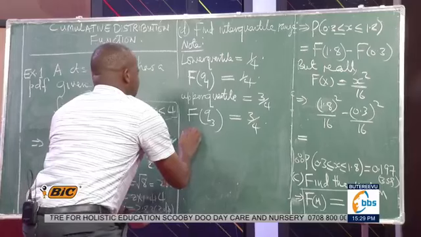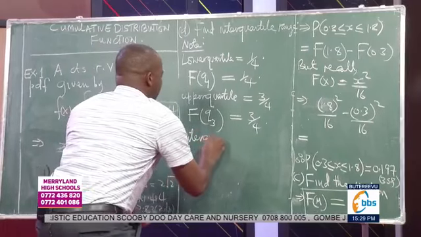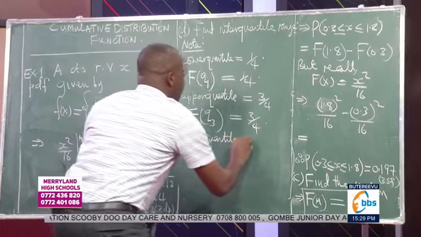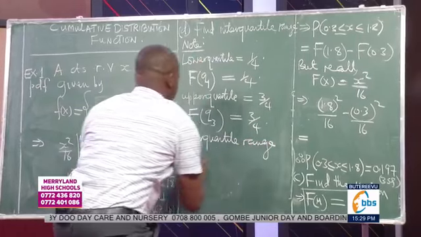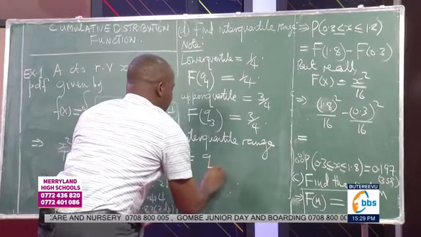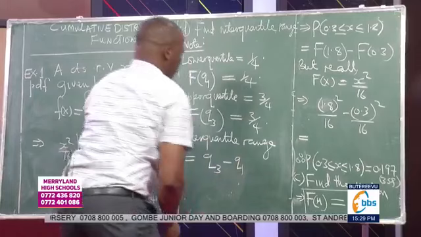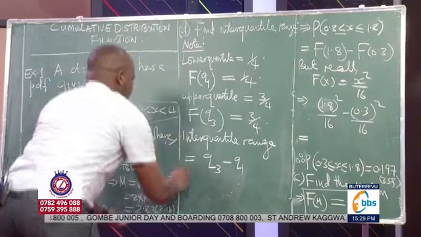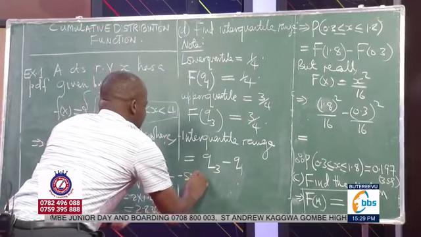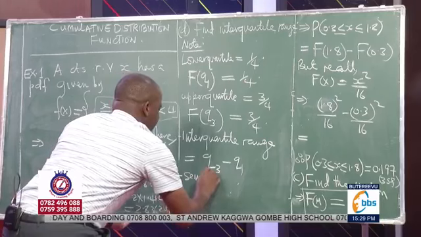The interquartile range, before we work it out, is therefore equivalent to Q3 minus Q1, which is important. And we have the semi-interquartile range.